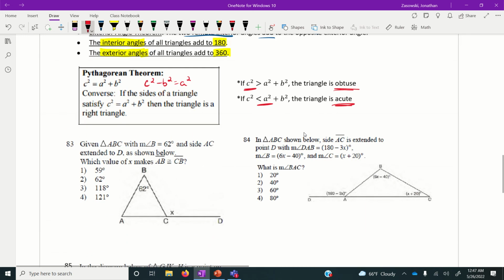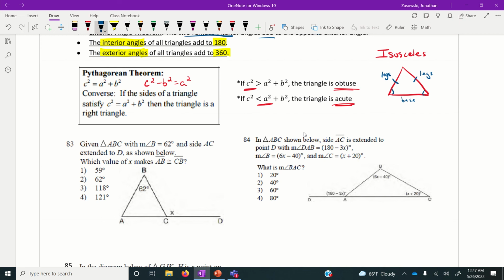And the other thing that's going to pop up here is an isosceles triangle. So remember, in an isosceles triangle, we have some side lengths. In order for it to be isosceles, we have to have two congruent sides. These sides are referred to as the legs. And the other side down here is referred to as the base.